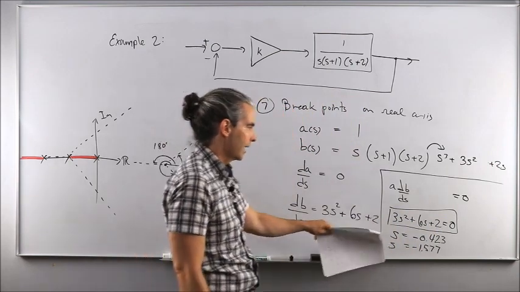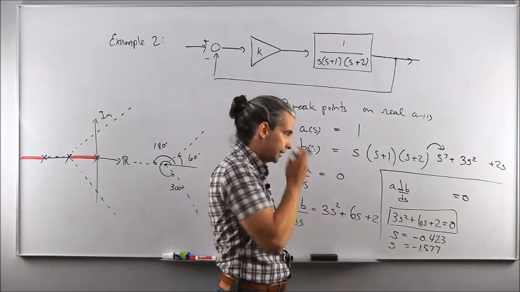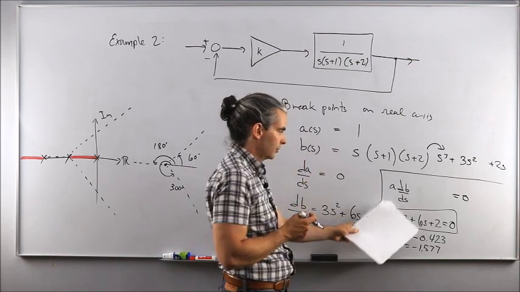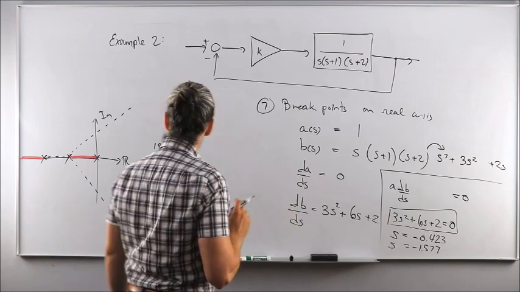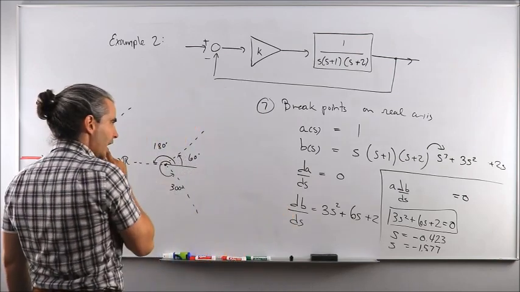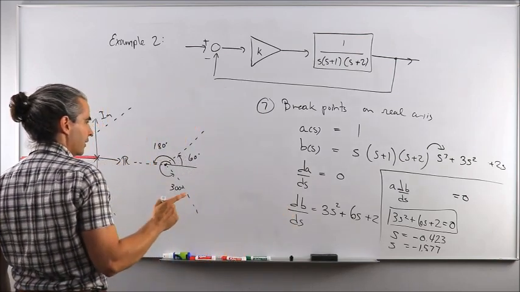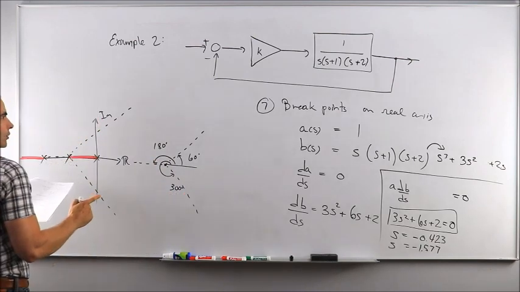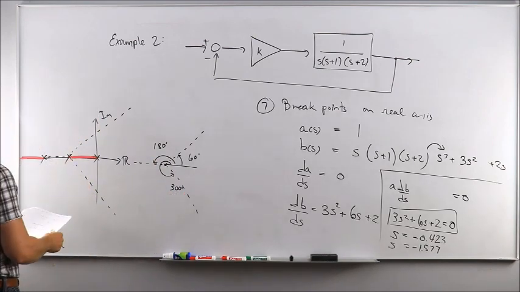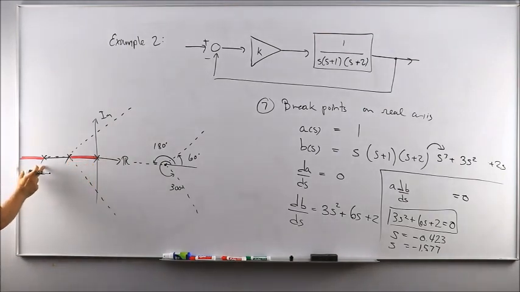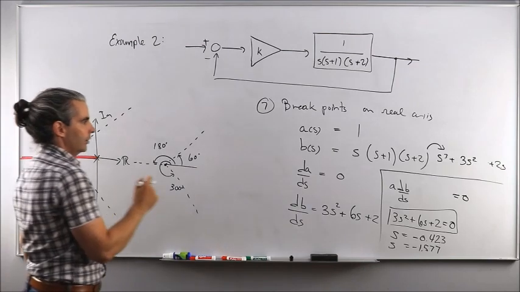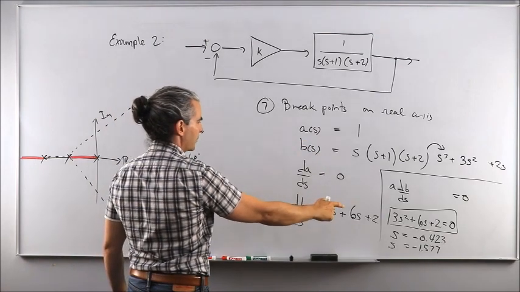Again, not obvious to do by hand quickly during an exam. So I would give you the roots if you encounter something like that. Don't worry about it, okay? But then you have to be smart here and go back to the results of step number 5, where you had found that the root locus was comprised between those two poles and between the last pole and minus infinity. Because here you're getting two breakpoints.